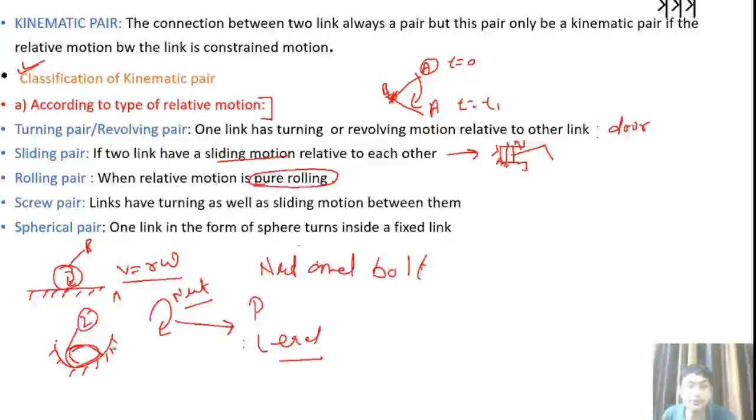Link second, link first. Now, my dear, what is important? Important are examples. Spherical pair, give an example. Pen stand.